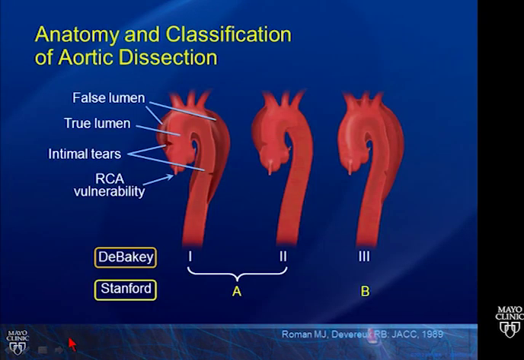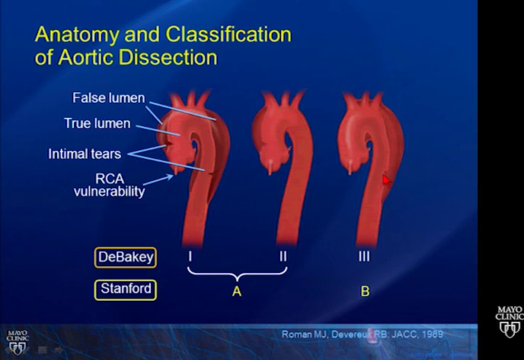Now, in terms of how to code the dissection, for the boards, they've actually decided to use the Stanford classification. So we have a picture of our aorta here. If the tear originates in the ascending aorta, then it's going to be a type A, whether it goes the entire length of the aorta or whether it's isolated to the ascending aorta.